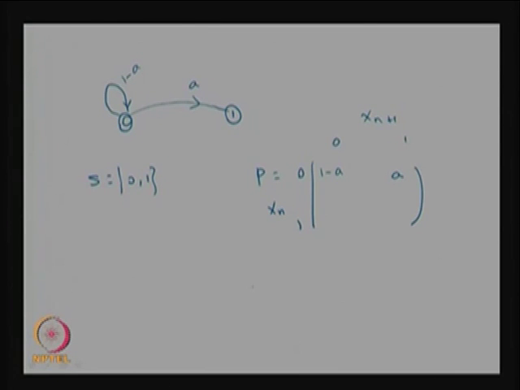Similarly, the one step transition probability from 1 to 1 is 1 minus b, and from 1 to 0 is b. Obviously, a lies between 0 and 1, and b also lies between 0 and 1.